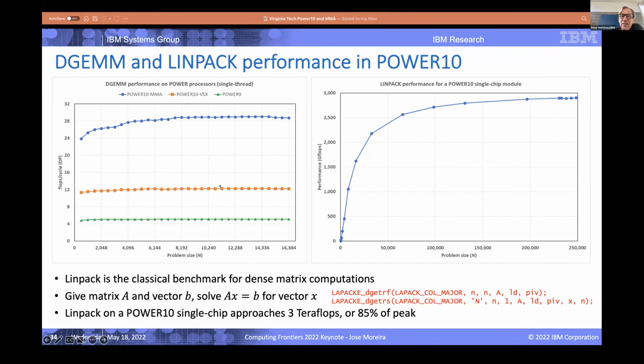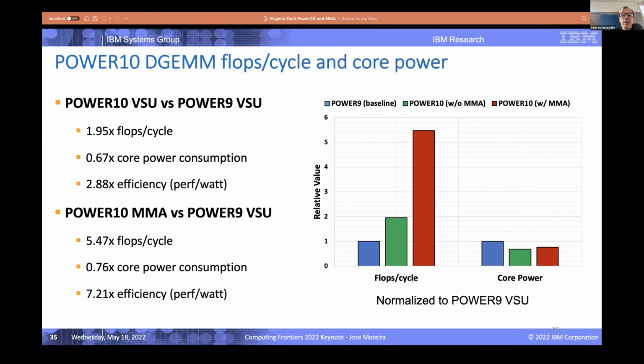So it's a very powerful processor, and as you would expect, this leads to very good numbers on things like DGEMM and LINPACK and so on, because a lot of attention was paid to power efficiency. We actually managed to do this without having to significantly reduce the frequency of the processor.